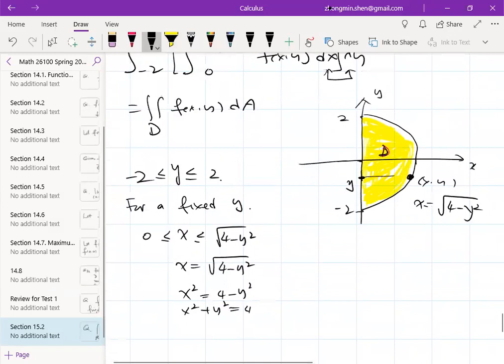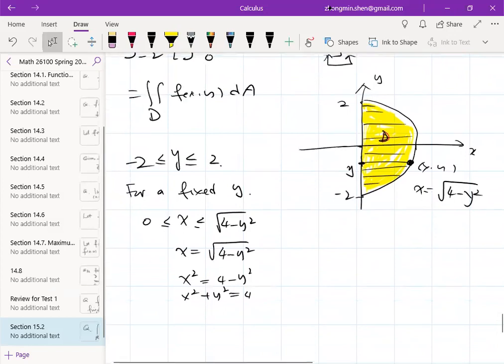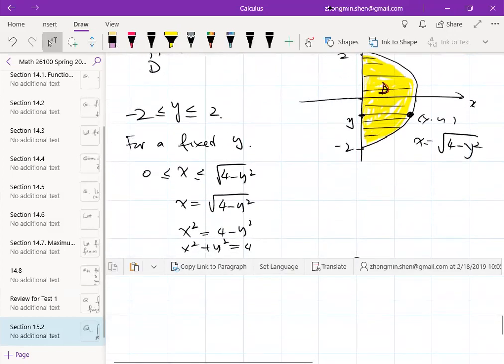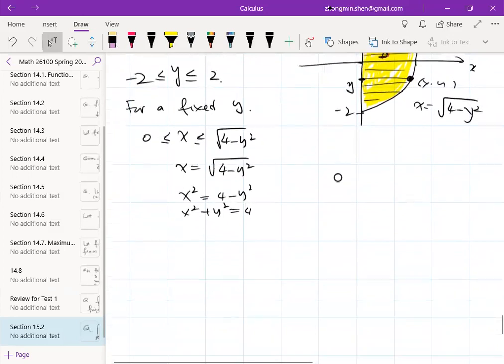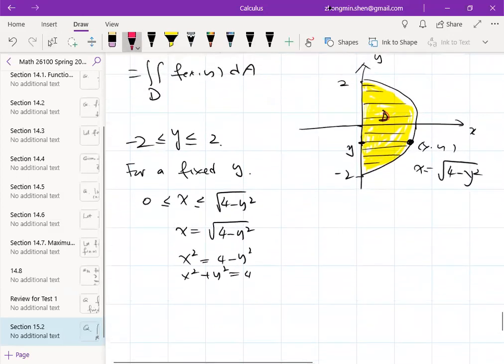Here we actually use horizontal lines to evaluate the double integrals in some sense. Now you are going to exchange the order of the integration. So what I'm going to do is use a rectangle here.